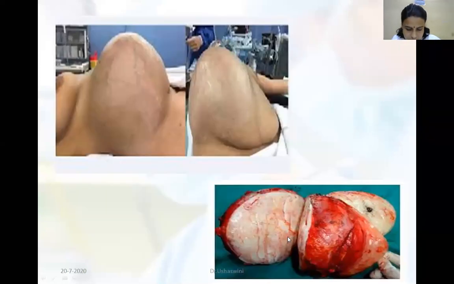Okay, so I think I have finished the portion allotted for this class today. Do you have any doubts? You can ask me. The remaining part of the anterior abdominal wall, the umbilicus and most importantly hernia, will be dealt with in the coming classes.